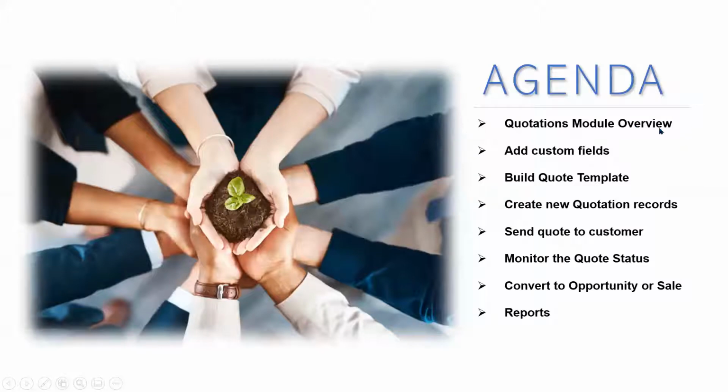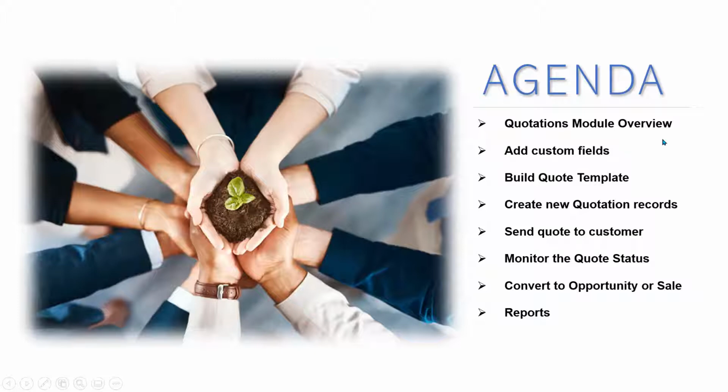So first of all, we'll do a quick overview of the module and how it's set up. One of the first things you'll want to decide upon is, do you need to add custom fields in your quote module? Perhaps those are custom fields that are coming across from your opportunities module that are data information that you want to go into your quote template, or just be in the record in quotes to help you run reports or do searches in the quotations module.